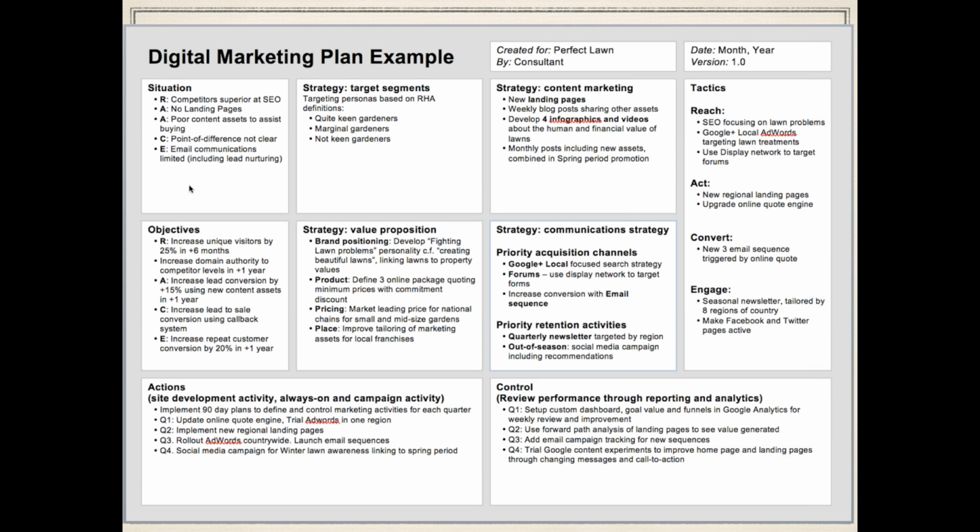And then he came down to the objectives and also identified objectives in terms of RACE. What should the results be once this is done? What is his objective for this whole thing? Hey man, I want to increase unique visitors by 25% in 6 months.